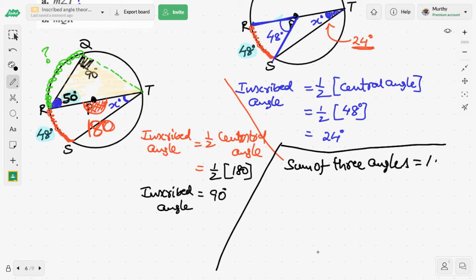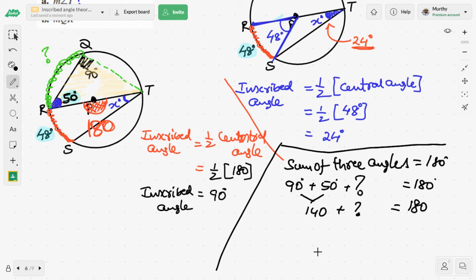One is 90, the other is 50, and what is the third angle? 90 and 50 makes 140 plus the missing angle. We take away 140 on both sides, so the missing angle equals 40 degrees.